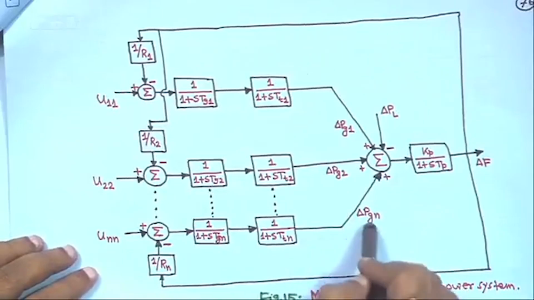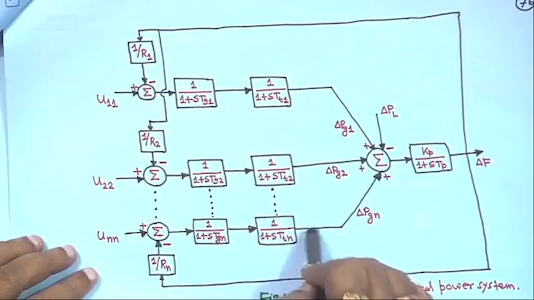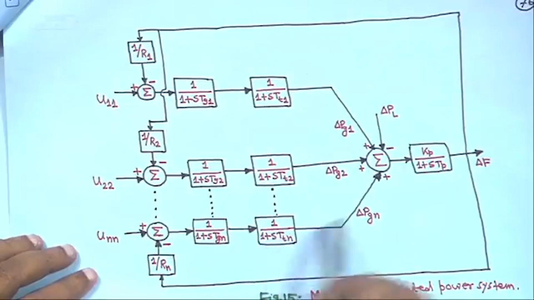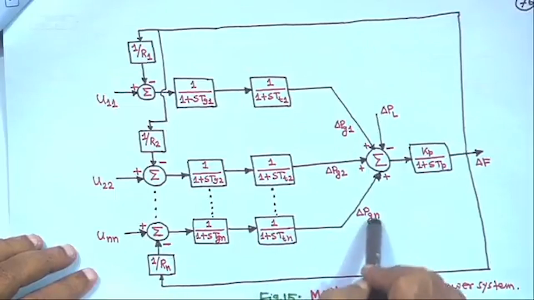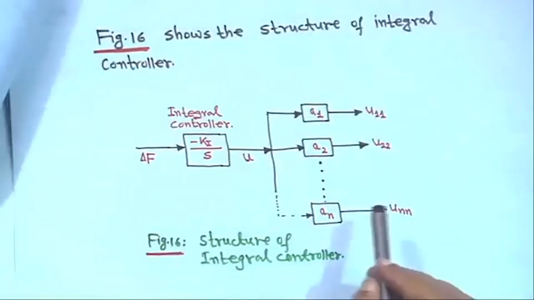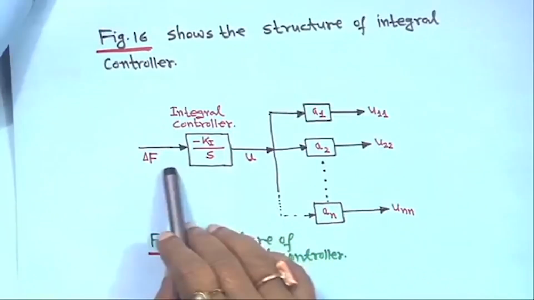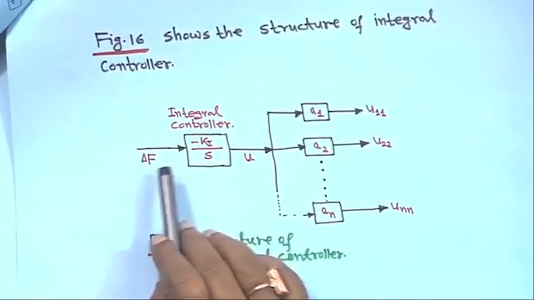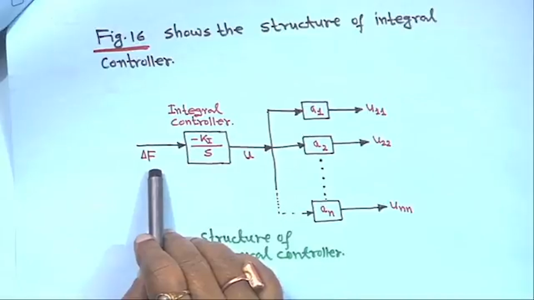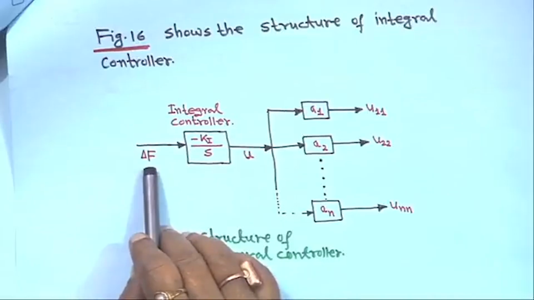So, this generator is not responding at steady state to the increase of the load, but with the transient, this generator will show that it is generating some power, but at the steady state you will find this is 0. So, that is the control structure, and the input to this controller is delta f, the frequency deviation, because our objective is to correct the steady state error in frequency to 0.